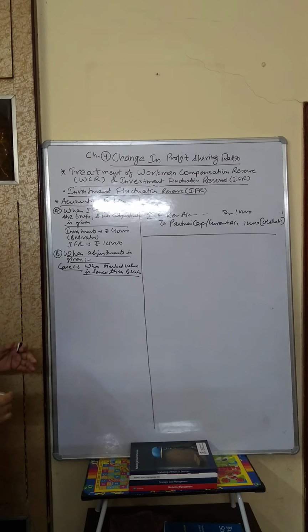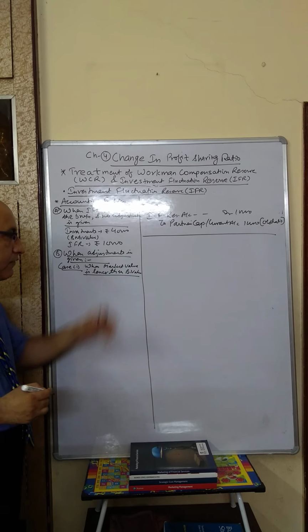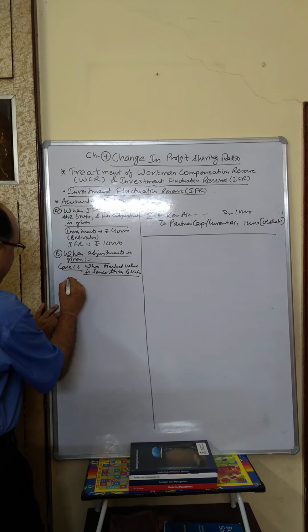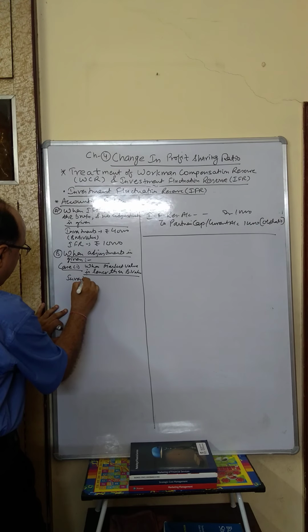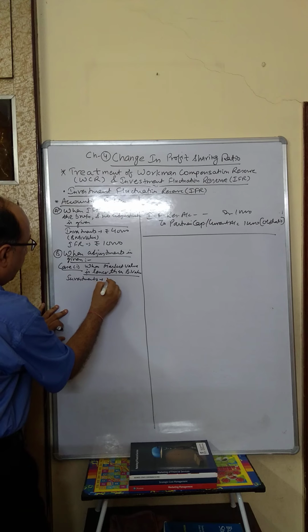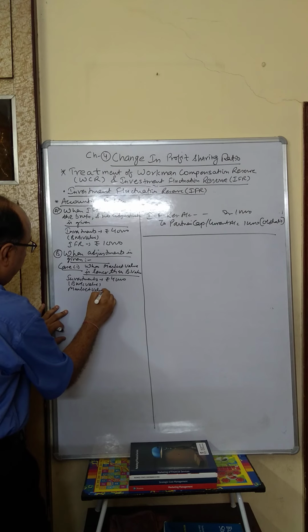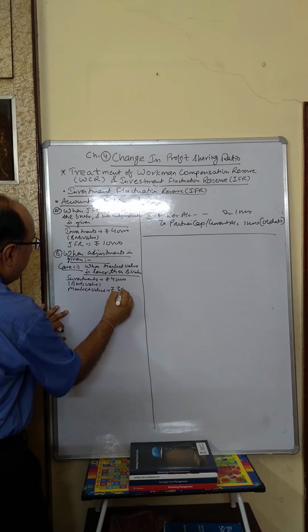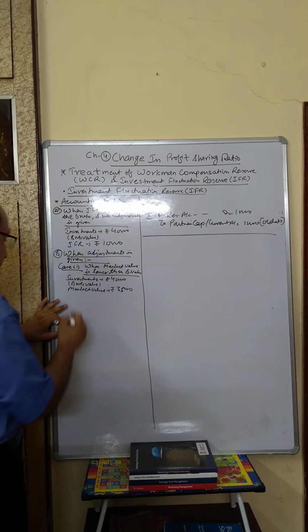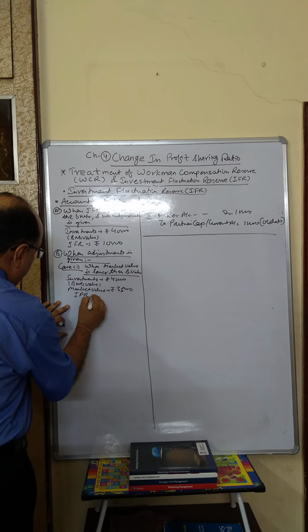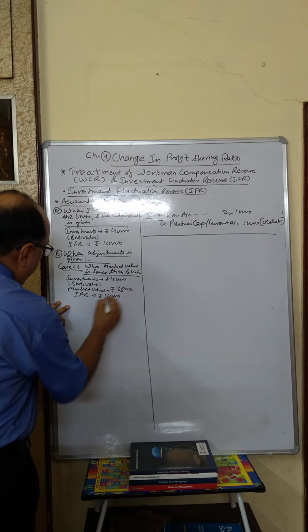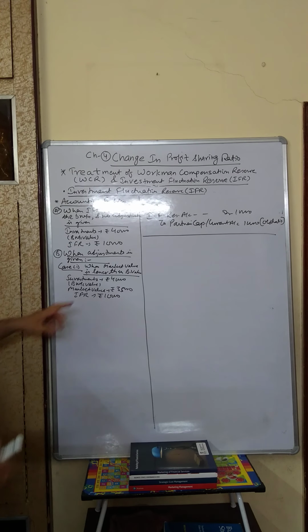Book value is the balance sheet value and market value is the market price. Say for example, investments rupees 40,000, this is the book value. Market value is given rupees 35,000 and IFR is created, rupees 10,000. Now how should it be dealt with?